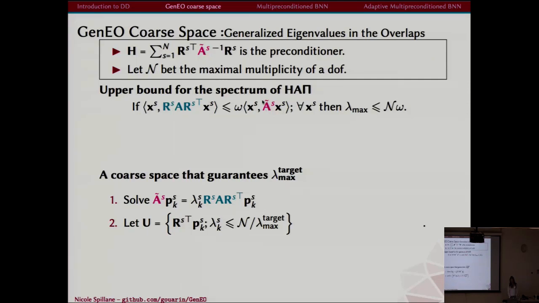If I can prove that, then I know that all eigenvalues are smaller than n times omega, where n is just an additional constant which corresponds to the maximal multiplicity of 1 degree of freedom.